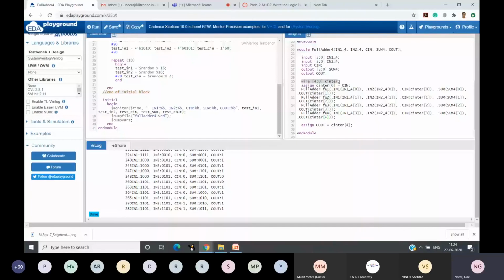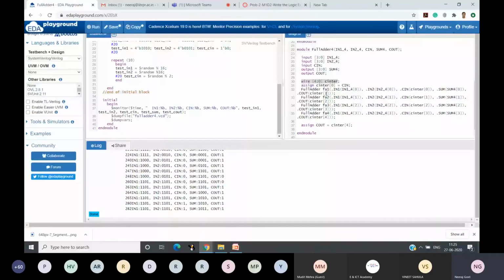In C inter, the 0th bit is fed with C in, which is coming from the input. The output is the 0th bit of sum, and the output carry out is connected to C intermediate 1, that means the next carry.